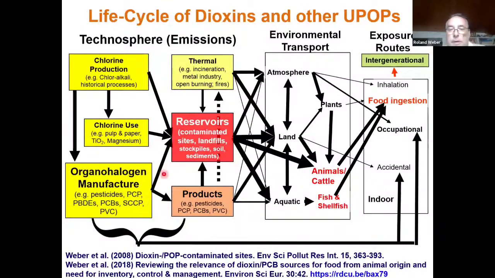It goes into the reservoirs like contaminated sites, landfills, soils, sediments, but also products. From there, it has environmental transport, atmosphere, to land, to the aquatic, to sediments. And from there, it accumulates in animals and in fish. And from there, finally, we have it in food ingestion.